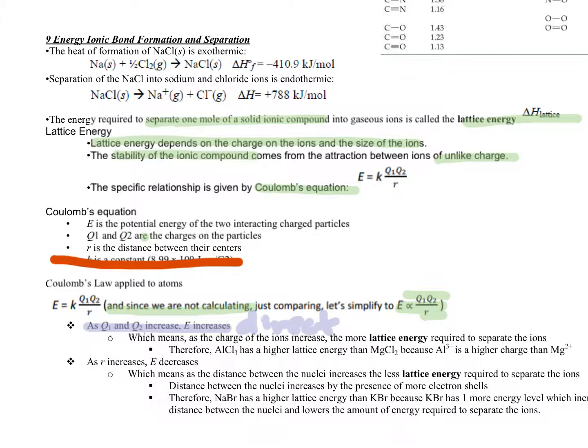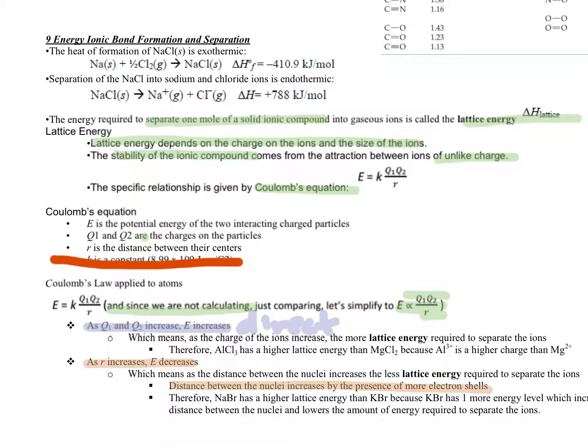Oppositely, as R increases, E decreases. So as the distance between the nuclei increases, the energy required to separate them gets smaller. If I hold 2 magnets at a further and further distance, it becomes easier and easier to separate them.